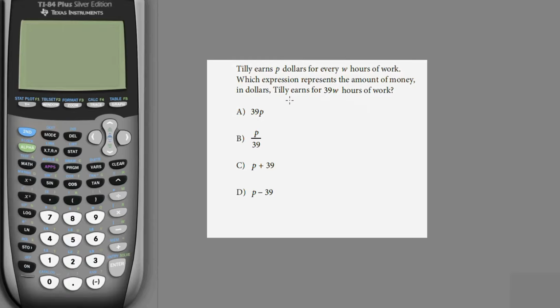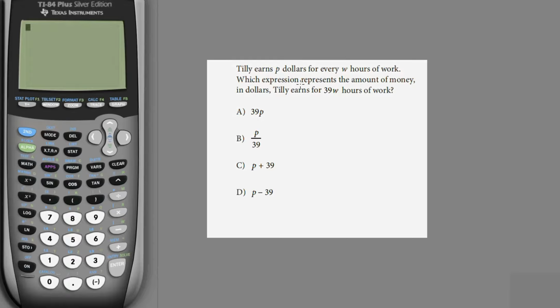So guys, this kind of question, we don't need a calculator to solve it. It's just simple logic and common sense to identify the right answer. So looking at the nature of the question, this shows us that the currency, which is the dollar, here is proportional to the hours of work.